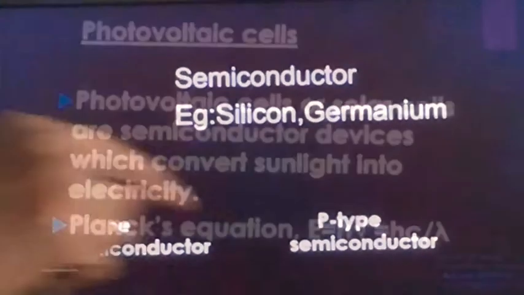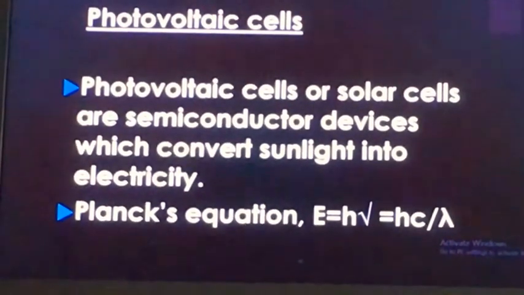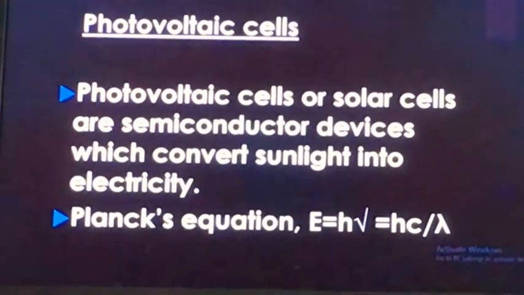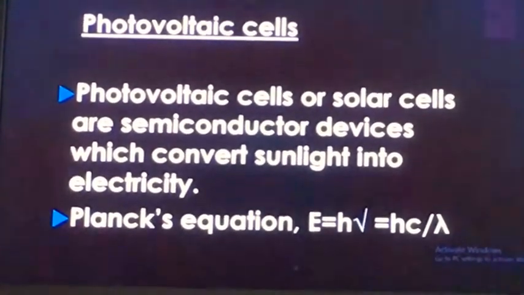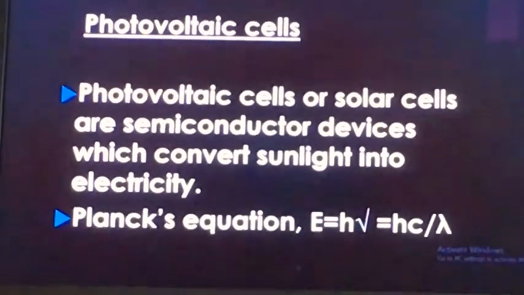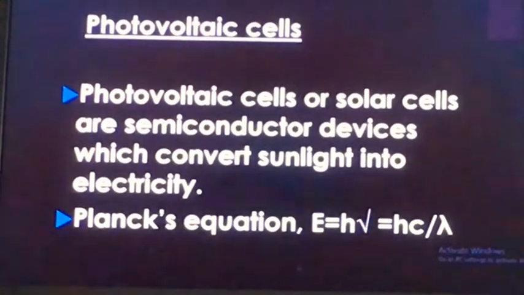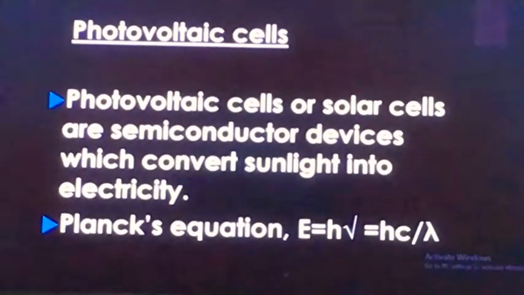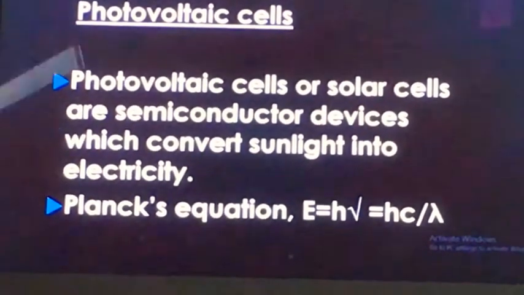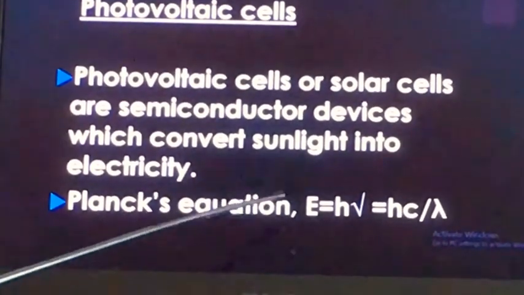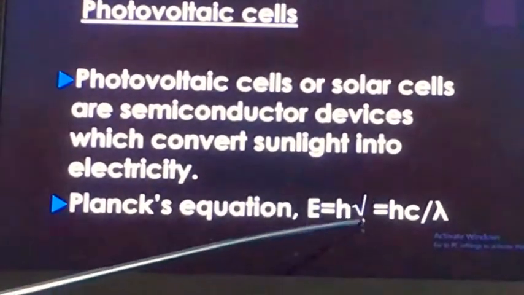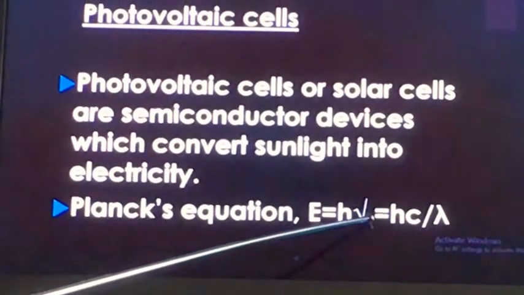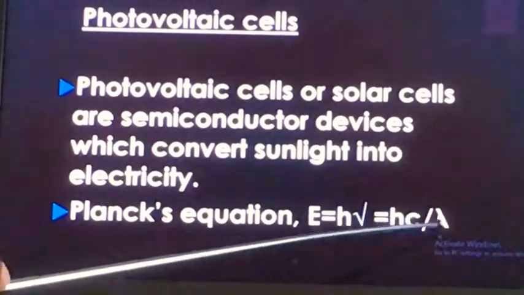Now photovoltaic cells are based on the principle of the photoelectric effect. That is, the ability of certain elements to emit electrons when electromagnetic radiation of sufficient energy falls on it. Sunlight is made up of photons, and the energy of a photon is given by Planck's equation as E = hν, where h is Planck's constant and ν is the frequency of radiation. ν = c/λ.